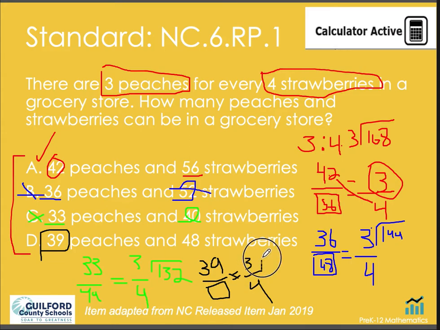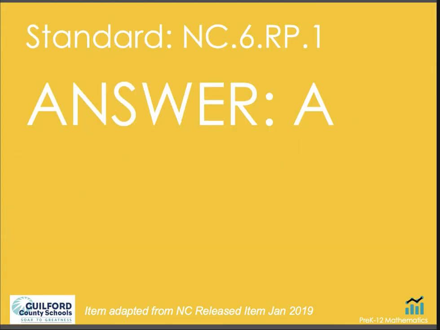I got 156. I just put it right here next to my 3 because I'm dividing 156 by 3. And I get 52. This is not 52. So D is incorrect. So my answer is A. Let me check. That is correct.